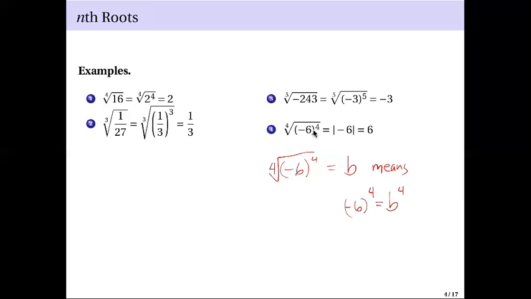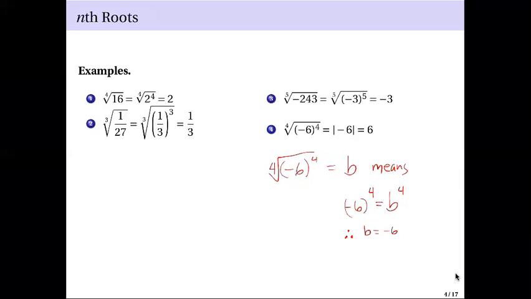Now, I want to remind you that some students will have some errors in here. And this is a common mistake. Some students will do this. Therefore, b must be equal to negative 6. Okay?